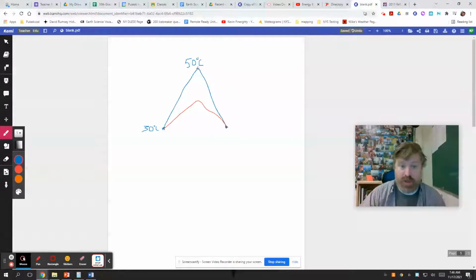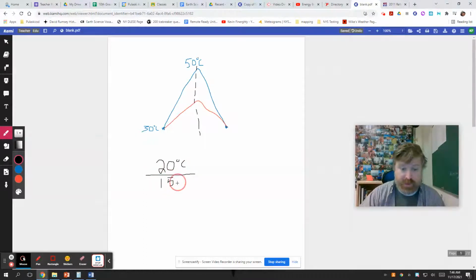So a rate of change would be how much did it change and how long did that take? If you remember, we did these labs in 2 sections. We heated up for 15 minutes and cooled off for 15 minutes. So if we went from 30 to 50 over the course of 15 minutes, that's really all this problem is. We'll say it went up or down, doesn't really matter, by 20 degrees C, and that took 15 minutes.